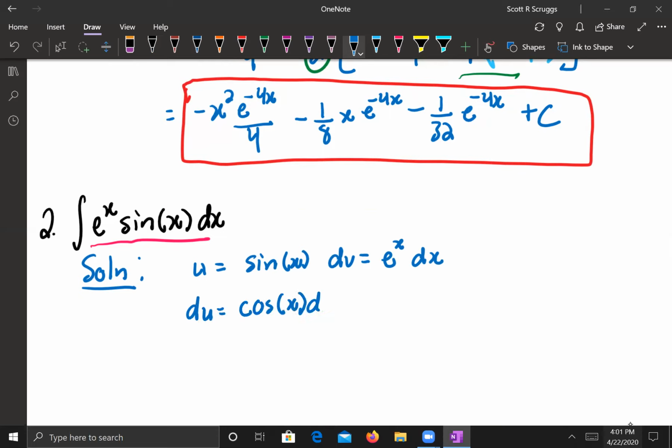So du equals cosine, v equals itself. And so by integration by parts, I have that the integral of e to the x times sine of x dx equals marry u v outside of the integral.